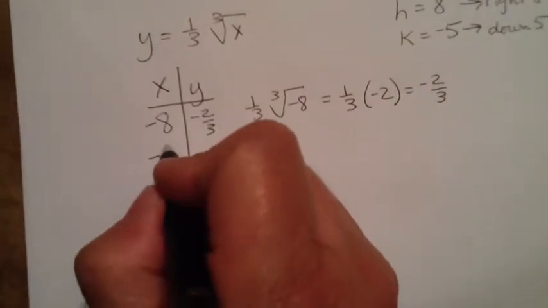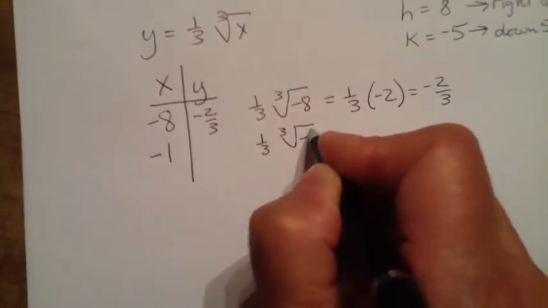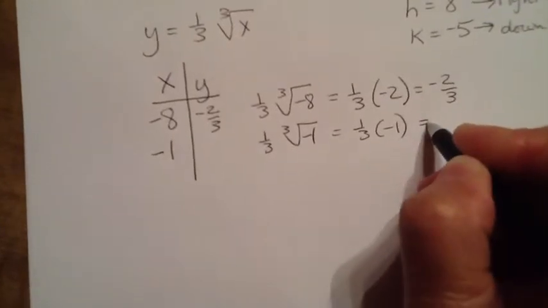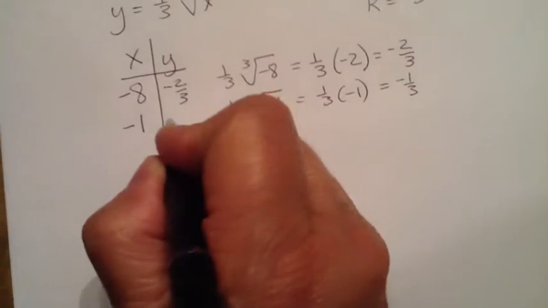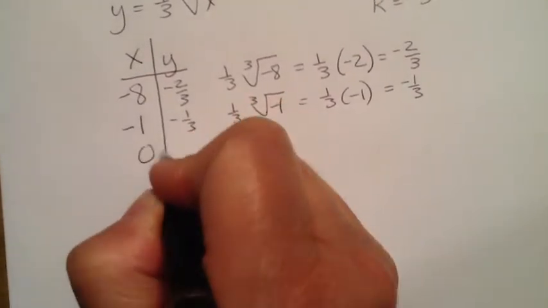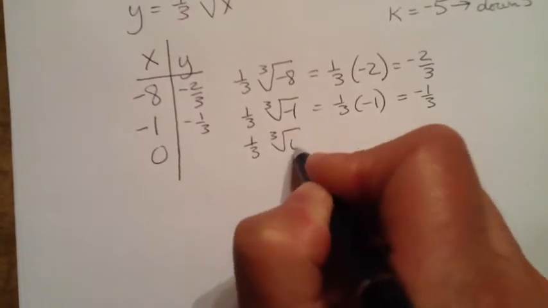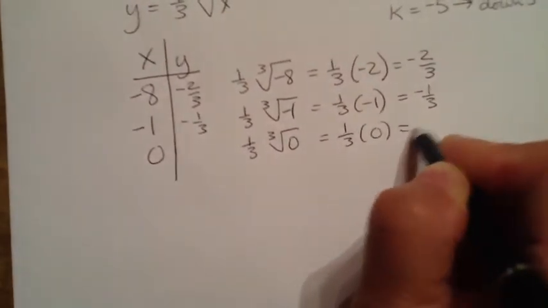Now I'm going to put in -1. 1/3 cube root of -1 is 1/3 times -1, which is -1/3. Let's put in 0. 1/3 cube root of 0 is 1/3 times 0, which is 0.